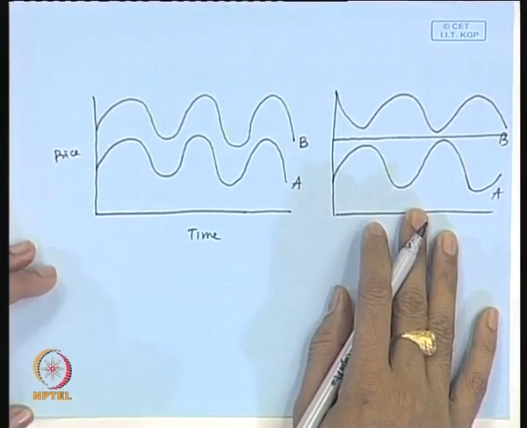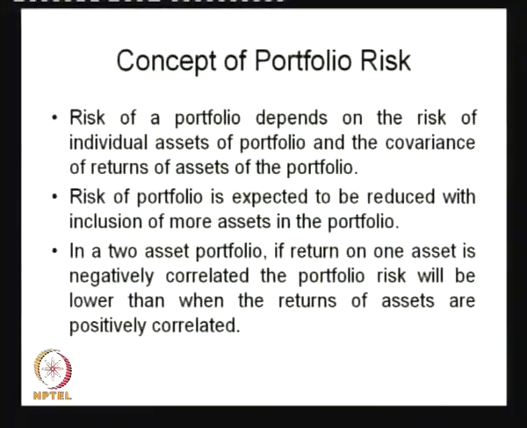So, if you can have two assets which are perfectly negatively correlated, then the risk can be reduced to the maximum extent. Positive correlation between stocks will lead to less reduction in the risk than negative correlation between stock returns.